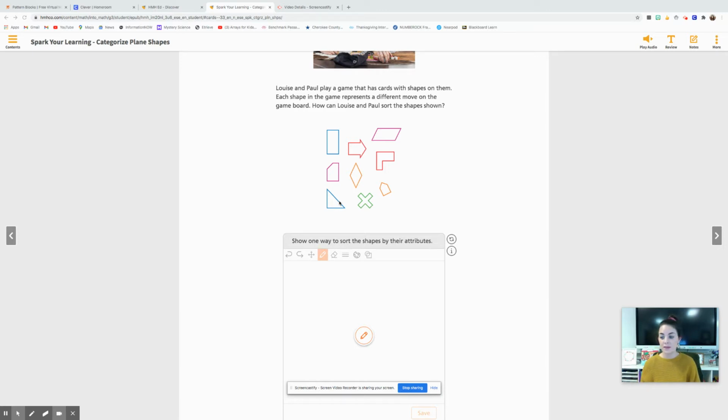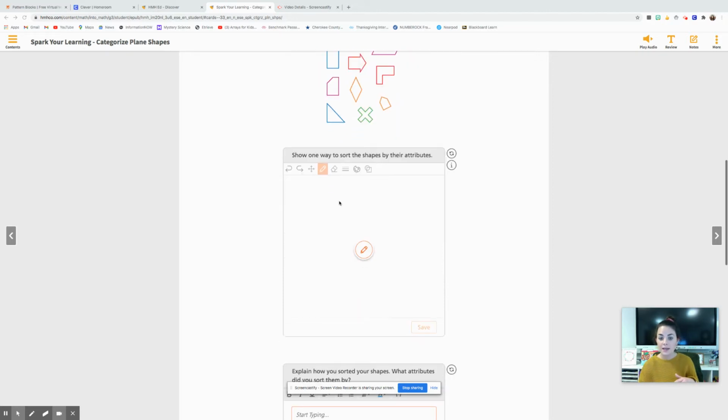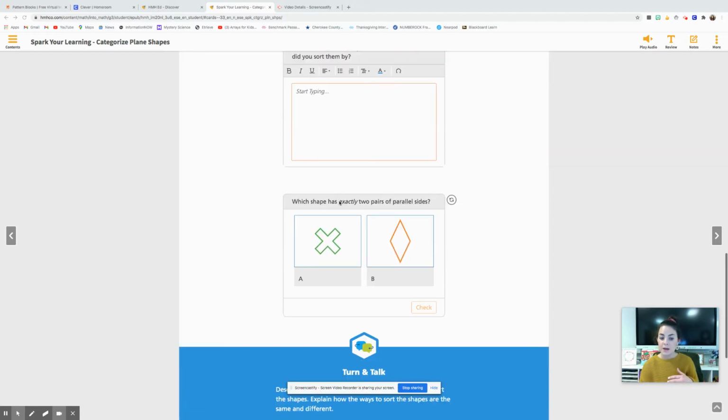You can sort them based on how many sides they have, what type of angles they have, what color they are, whether or not they have parallel sides or not, okay? Pause the video and take some time to sort those shapes in a way that is appealing to you, that makes sense to you. That's all I want to see there, okay?